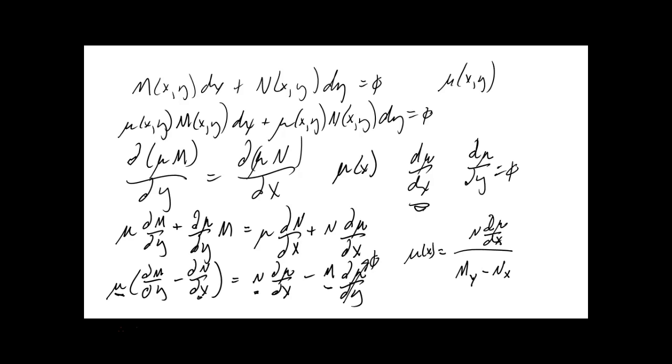Now, the problem here is that this, n, depends on x and y, and these partials could depend on x and y as well. But this side only depends on x. We've already made that assumption here. So we're hoping, beyond all hope, that all the y's are going to cancel out on the right-hand side, so we do have an equation that's only in terms of x.